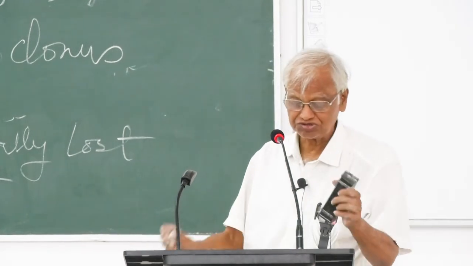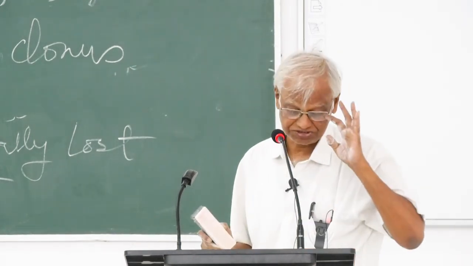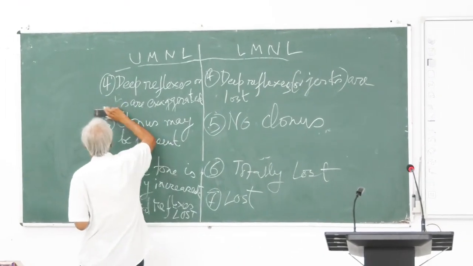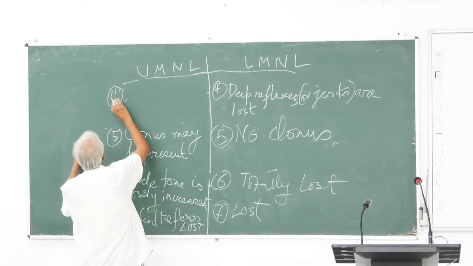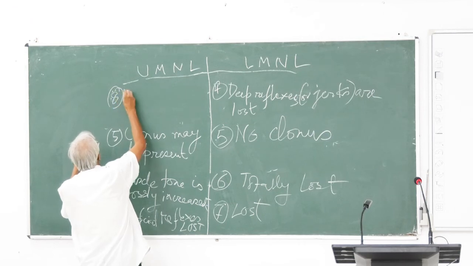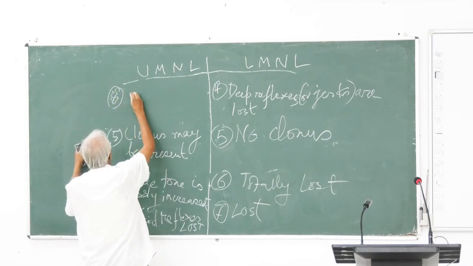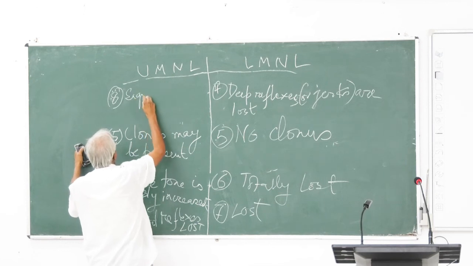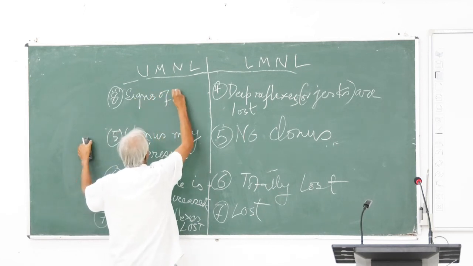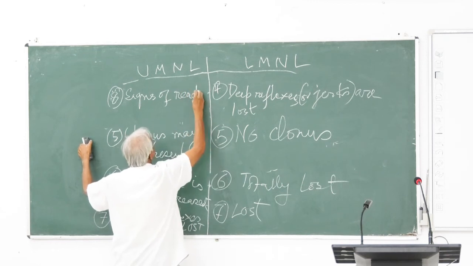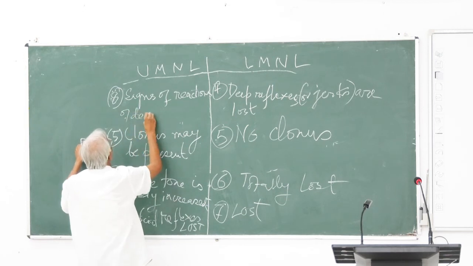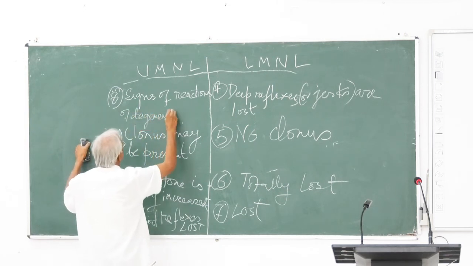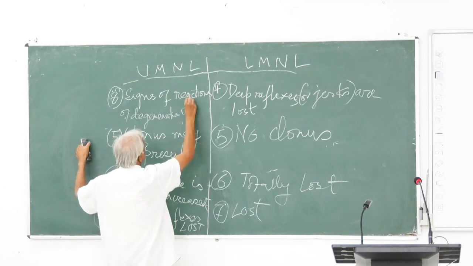In case of upper motor neuron lesion, there is no reaction of degeneration. Absent.